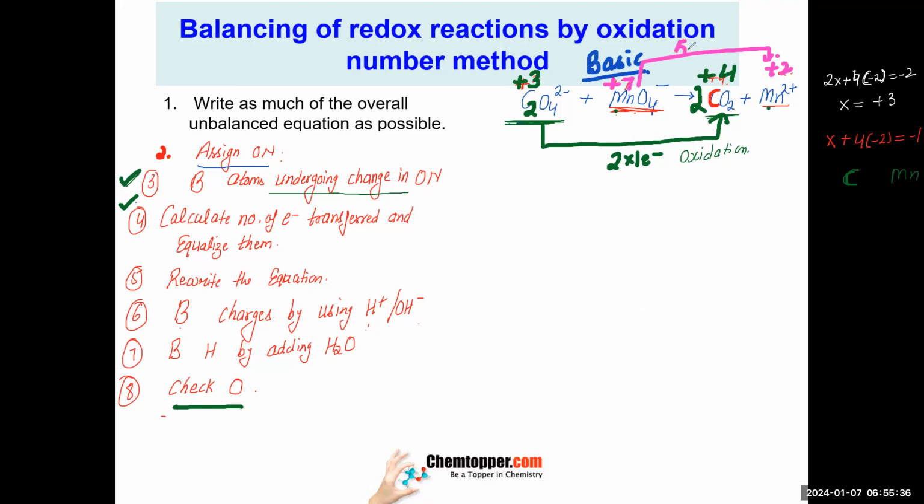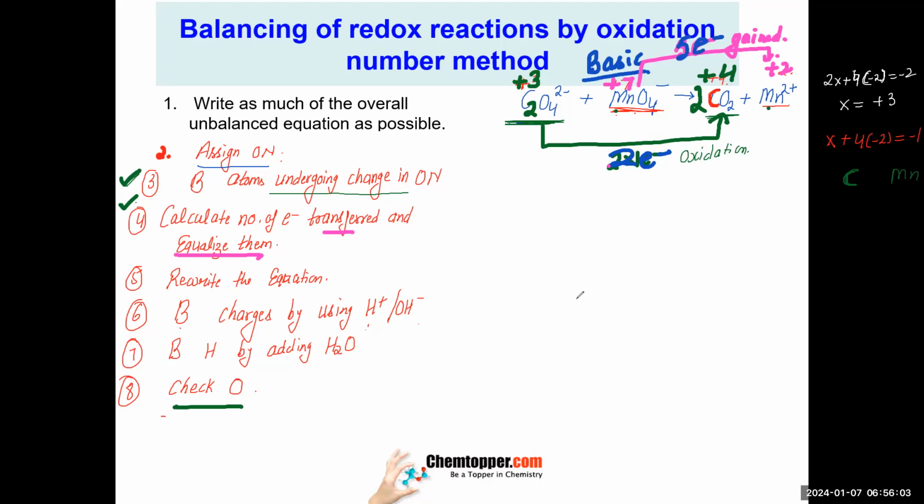Yes, 5 electrons gained. These two numbers, this 5 and this 2. Rule number 4: calculate the number of electrons transferred and equalize them. If you see, one is giving 2 electrons and this is 5 electrons. They are not equal.